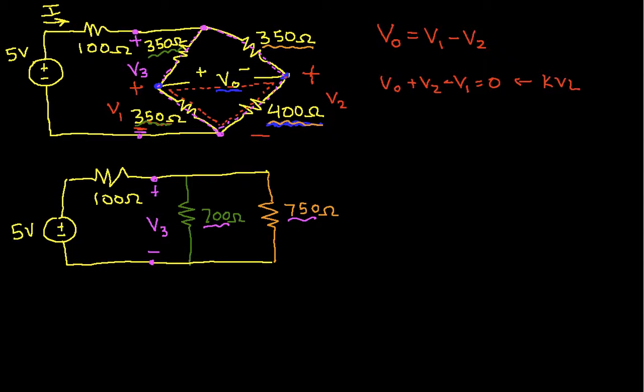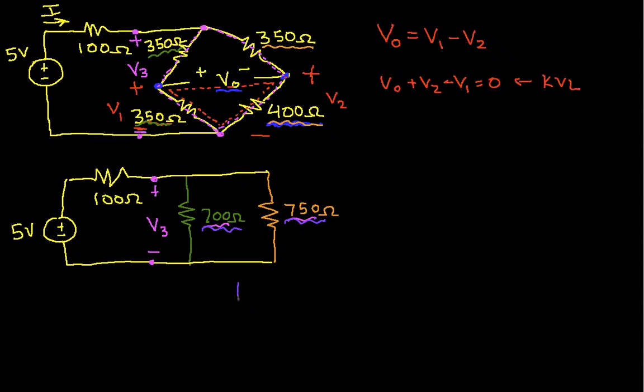Okay, so the next thing I need to do, I notice now that I have a parallel combination of 700 ohms and 750 ohms. So, let's see. I'm choosing really bad combinations of colors here today. So I have this parallel combination.